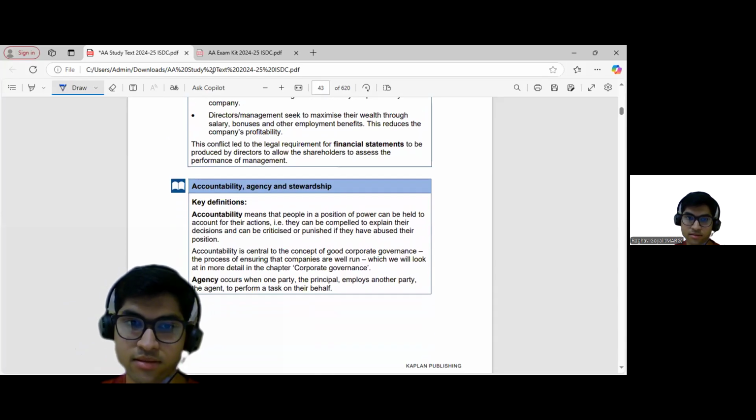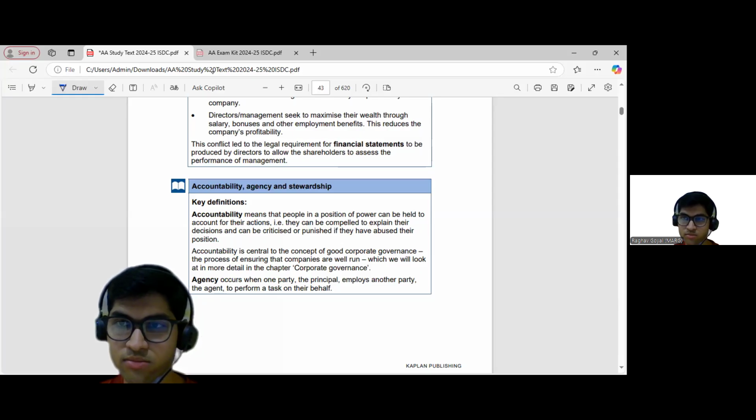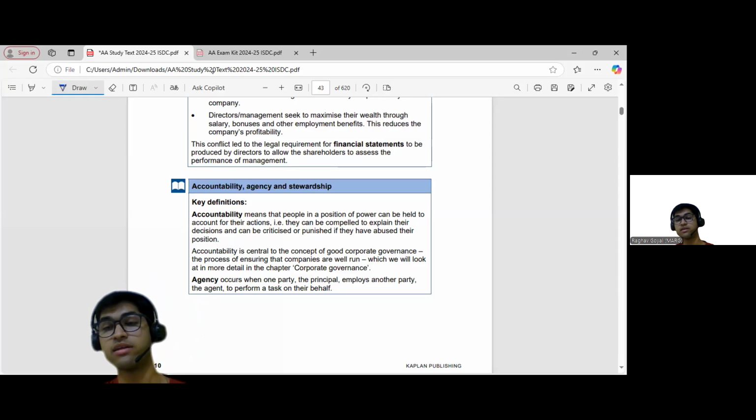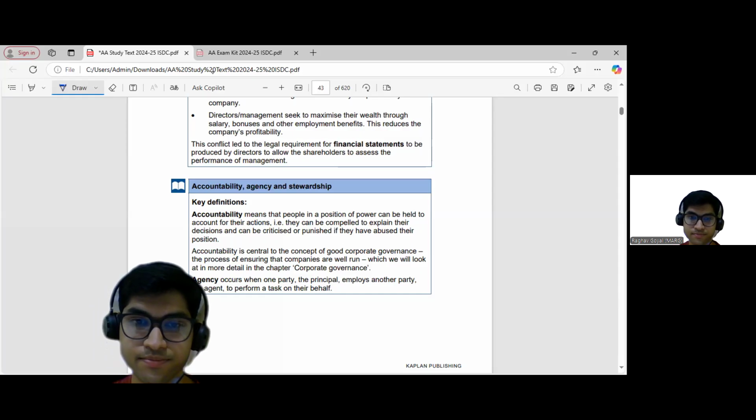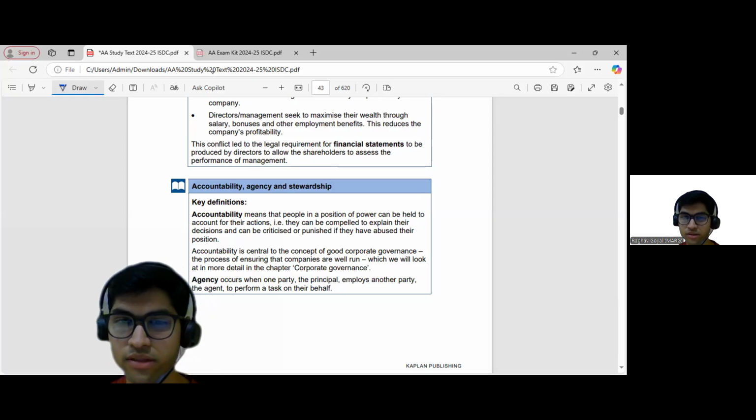Simply, this is that as well. Accountability means that directors are accountable for their actions. They are in a position where they can use the public's funds, but they have to be accountable and responsible for it. We will be looking more at these things later.